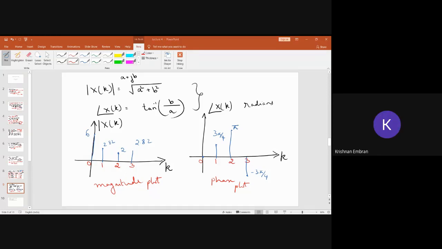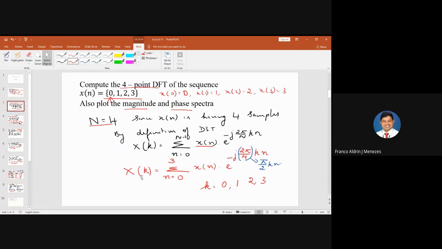Yes, sir. From the semester point of view, this problem is asked for nearly 10 marks. Only the calculation part you have to do, remembering one formula, that of X of k, the DFT of the sequence x of n, and everywhere it is a substitution.